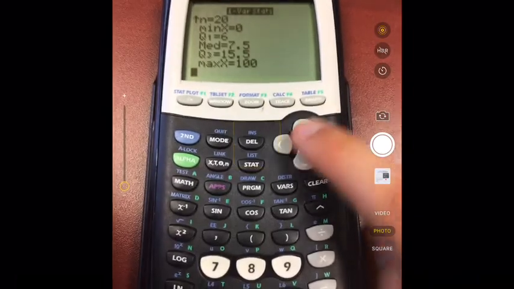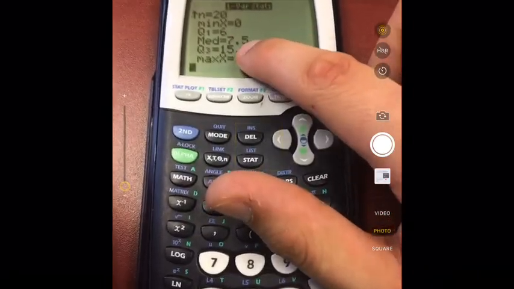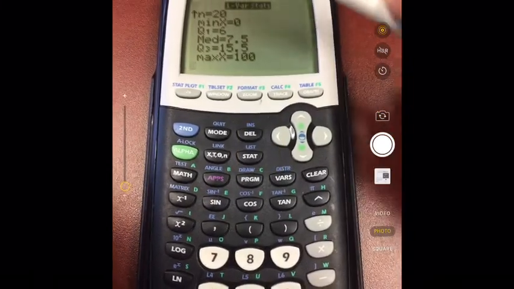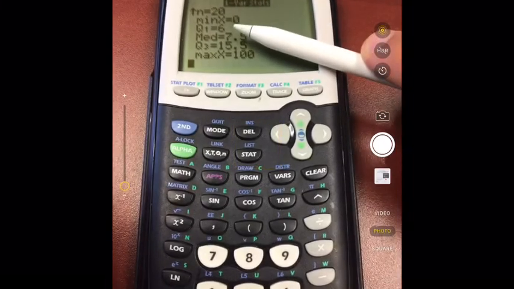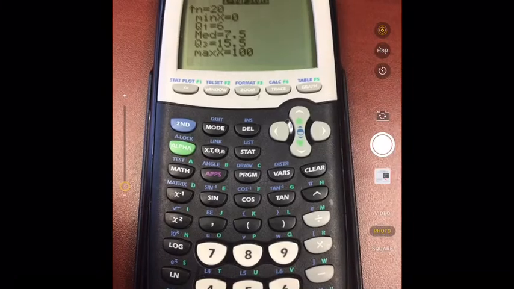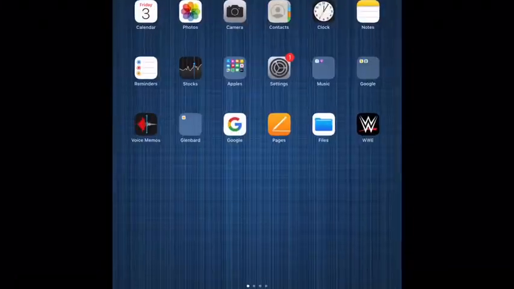But if we slide down here, we see min X, Q1, median, Q3, and max. So the calculator just did it for you, which is great.